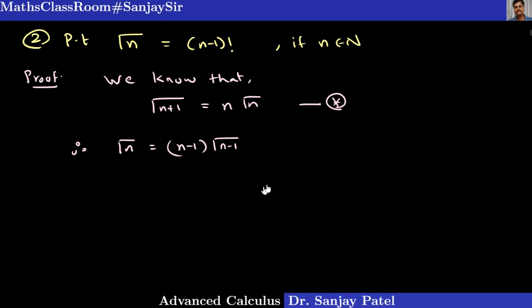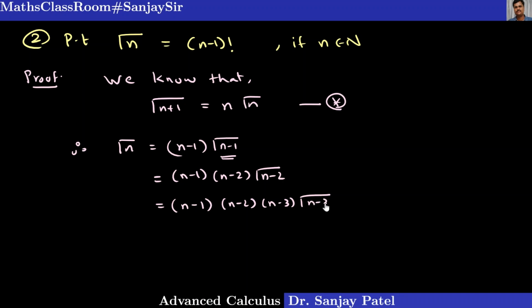Again applying the same property star for gamma of n minus 1, I can write this as n minus 2 gamma n minus 2. Every time you have to keep on subtracting, and remember that in this particular result, we have taken n as a natural number. Then the next step would be n minus 3 gamma n minus 3. Gamma of n minus 2 is n minus 3 gamma n minus 3, again by result star.